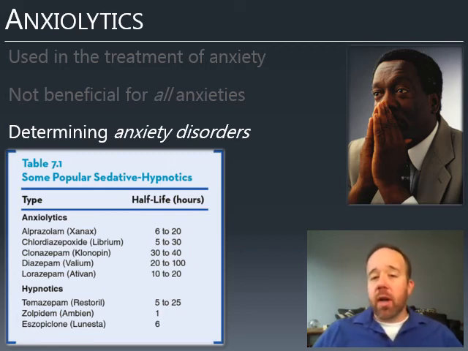That's an open question. It actually relates to our discussion this week. But that is one of the difficulties: how many criteria a person has to qualify for in order to get a prescription for one of these anxiolytics.